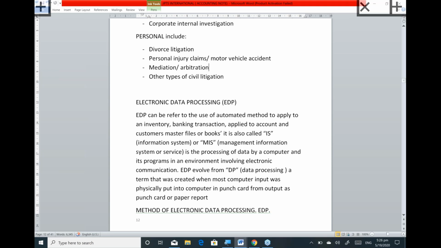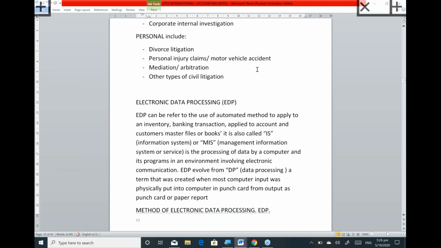Then let's move on to electronic data processing. Electronic data processing can be referred to as the use of automated methods to process data, such as banking transactions applied to accounts and customer master files or books.